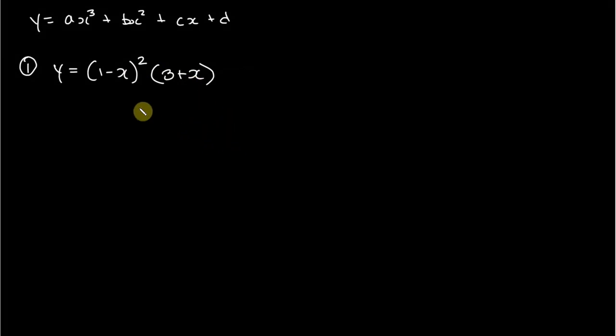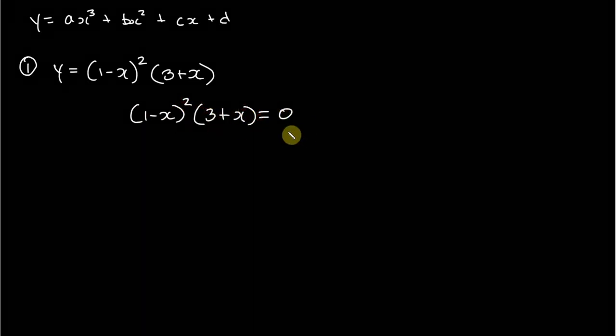So if I read it out this way, just to make it very clear, (1 minus x) squared times (3 plus x) equals 0, so when y equals 0, x is going to equal 1 twice, because it's squared, and we're going to have a root at negative 3.